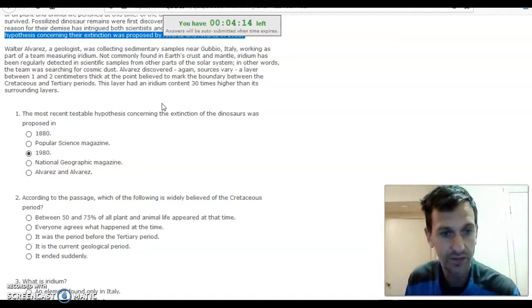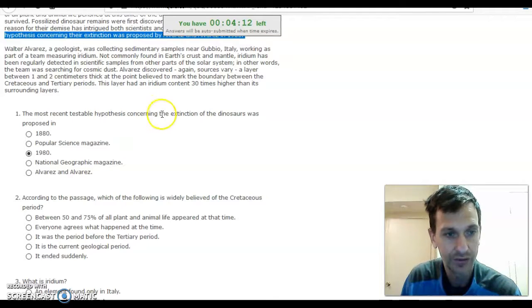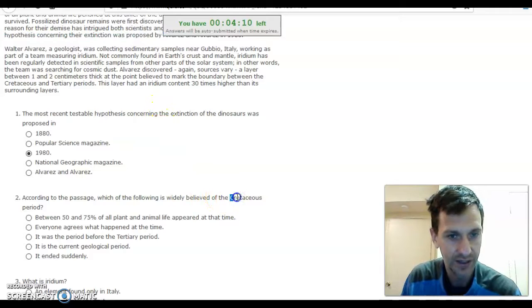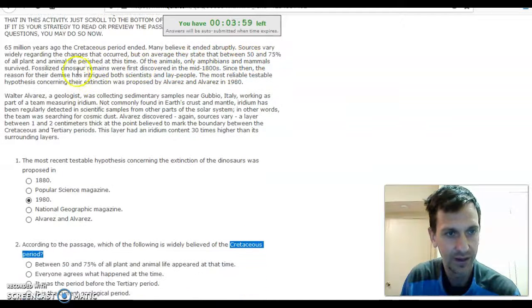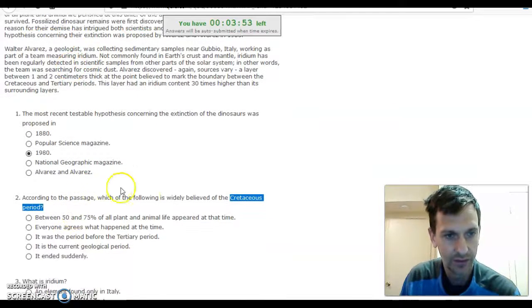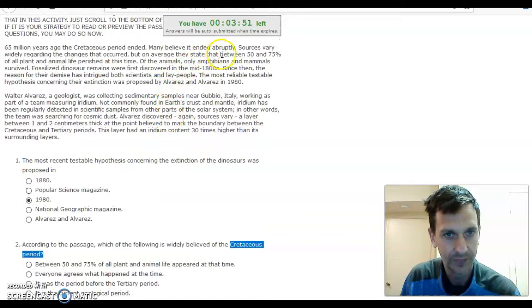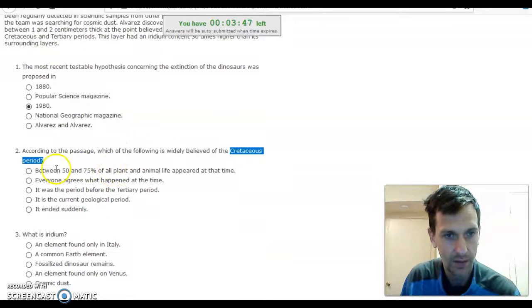According to the passage, which of the following is widely believed of the Cretaceous period? That's an uncommon word, Cretaceous. Let's look for Cretaceous. Many believe it ended abruptly. Sources say it occurred, but on average they stayed between 50 and 70 percent, all plant and animal life perished at this time. Cretaceous period, we're looking for numbers. Which is widely believed? That between 50 and 70% of all plant and animal life perished?